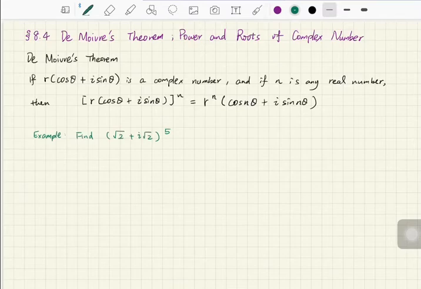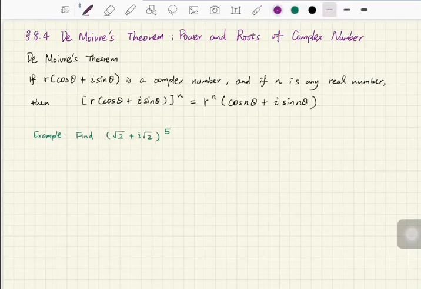So first, the question we have is in the rectangular form. In order to use De Moivre's theorem, I need to make sure my complex number is in the polar form. So first, I need to rewrite the rectangular form as a polar form.